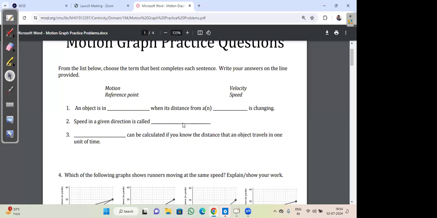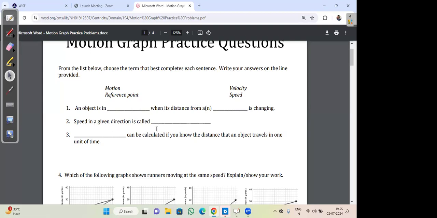The first one is motion and reference point. So for the first one, you get: an object is in motion when its distance from a reference point is changing.